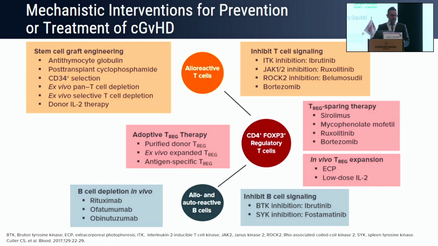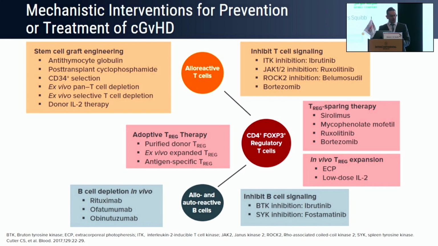Once GVHD has developed, we have 3 levels where we could intervene to either stop the progression of GVHD or make it milder. We have the level of alloreactive T cells, where, as you can see on the left side, we've discussed how we can remove those T cells to prevent or decrease GVHD.